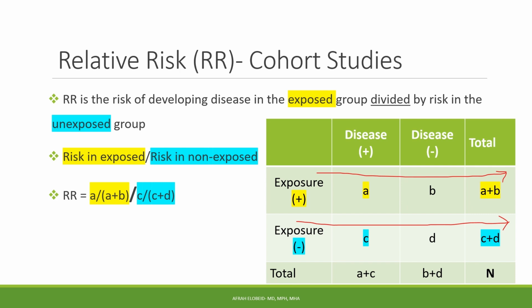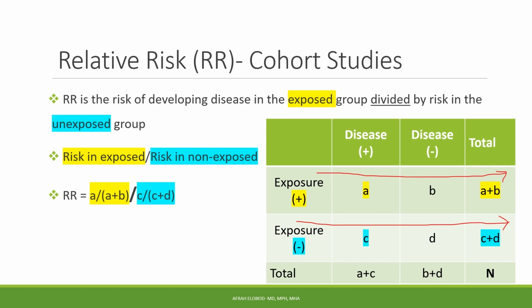The second half is to calculate the risk in the non-exposed, highlighted in blue, and that is C divided by C plus D. That represents the non-exposed population who got the disease, divided by the total of the non-exposed population, which is C plus D. To understand it, just think that you divide the top row by the bottom row.